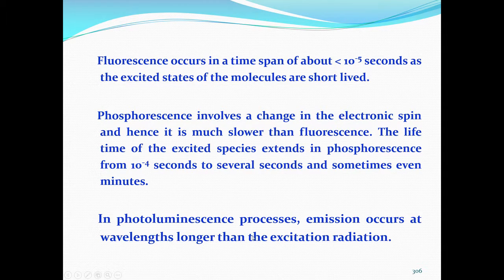In the photoluminescence process, emission occurs at wavelengths longer than the excitation radiation. Here you have to understand that whenever we talk of fluorescence, we talk of two wavelengths, electromagnetic radiation of two different energies, because when the molecule absorbs part of the radiation and the radiation coming out is of a different wavelength, the incident light we call the excitation wavelength, and the radiation that comes out is called emission radiation.